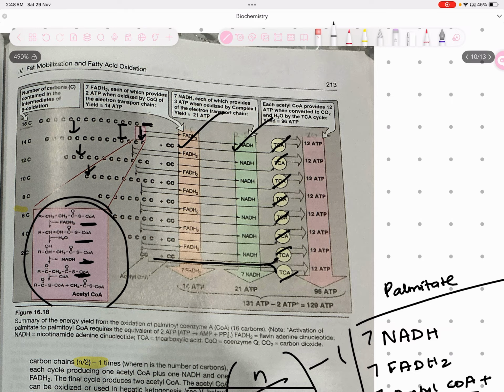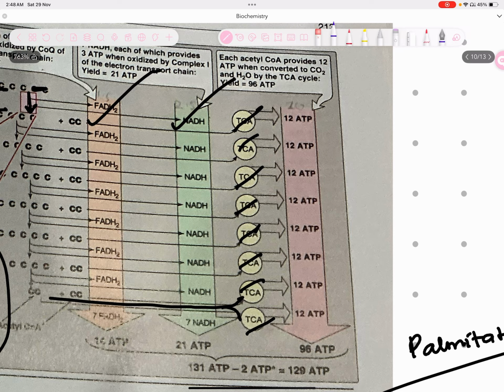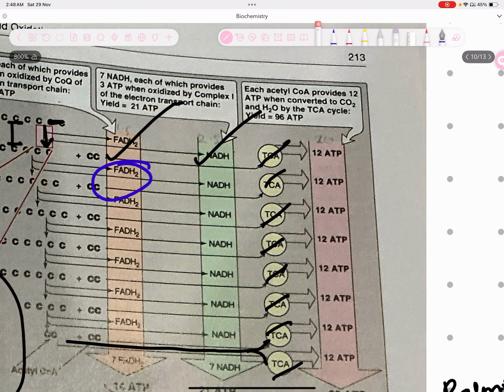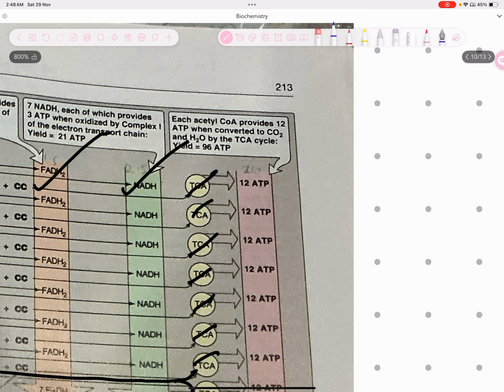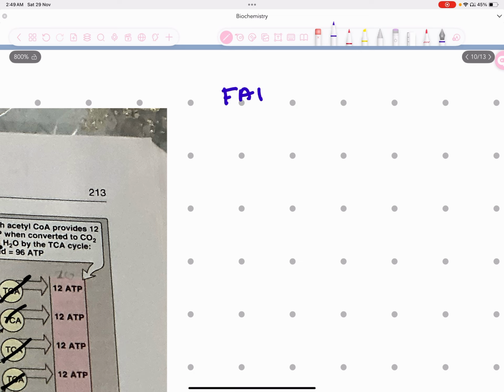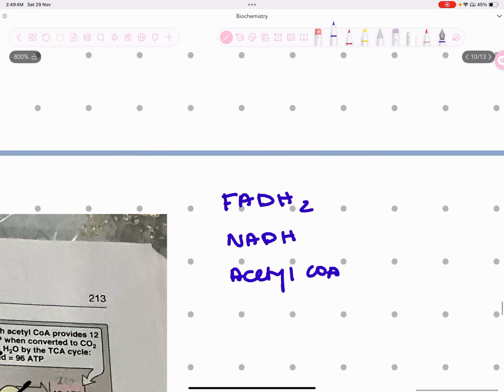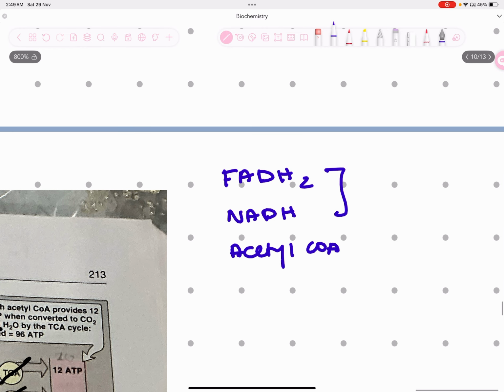Now when you're calculating your energy yield, it's very important to know how much ATP is produced by FADH2, NADH, and per acetyl-CoA. And how do you get this ATP? These reduced coenzymes, FADH2, NADH, and acetyl-CoA, are oxidized by the electron transport chain.